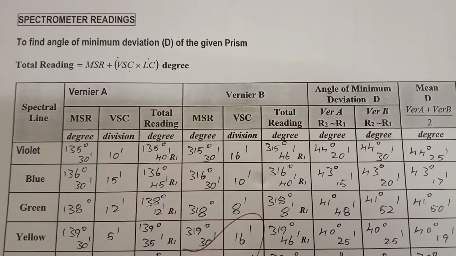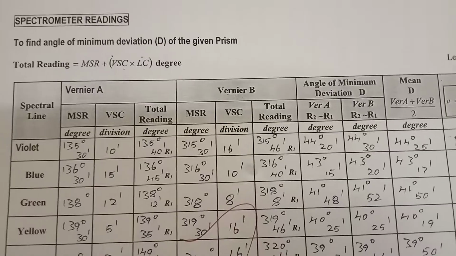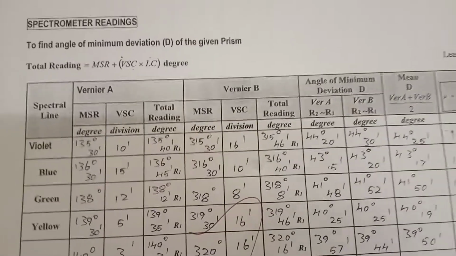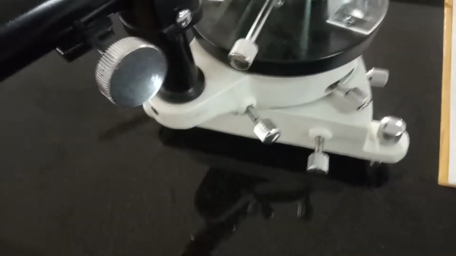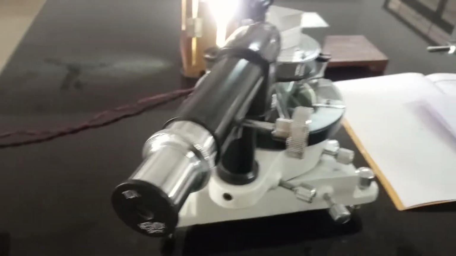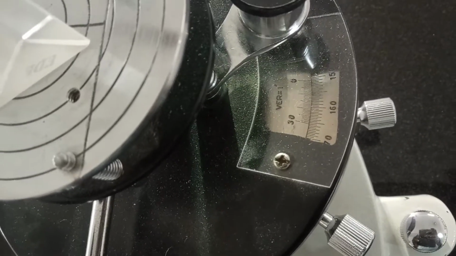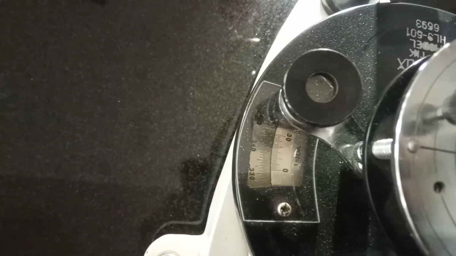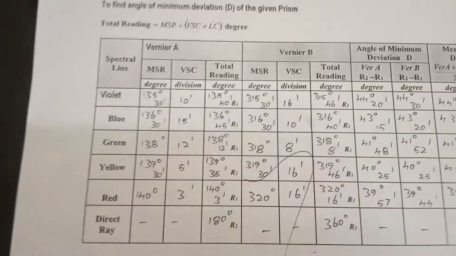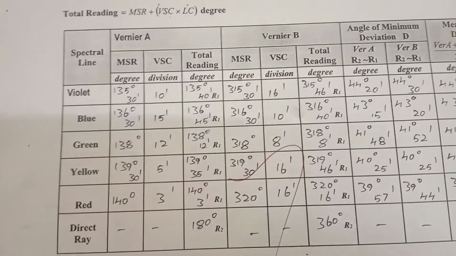Now we have placed the telescope along the violet color. So this is the position. For this violet color, we have to observe the Vernier reading of A and Vernier reading of B, that is Vernier A and B, and that reading is noted as 135 degree 10 minutes.